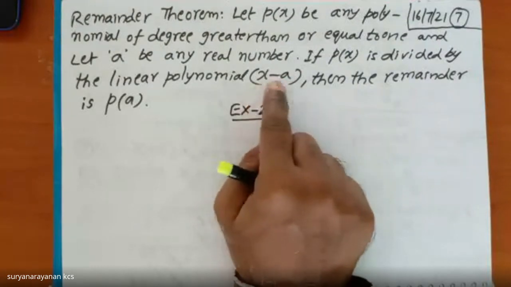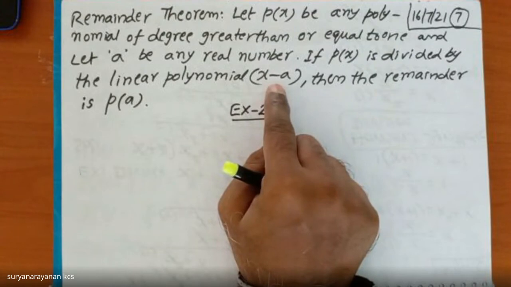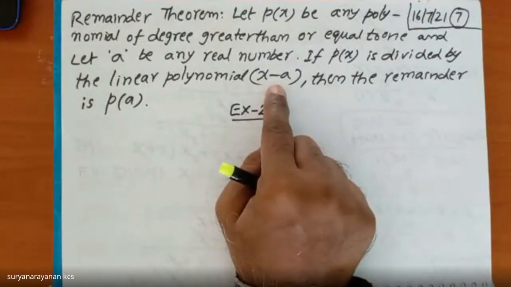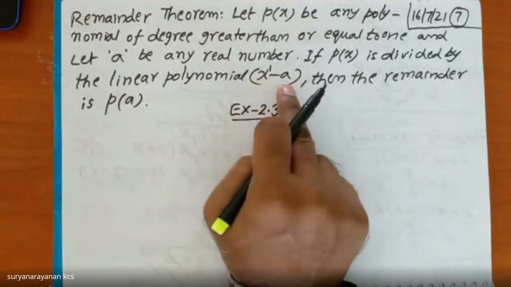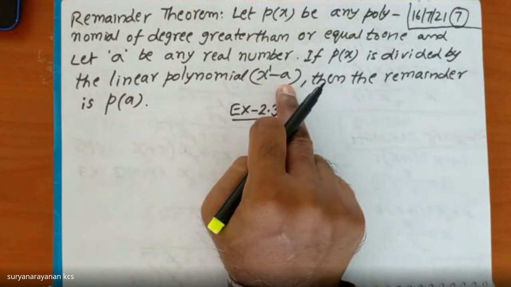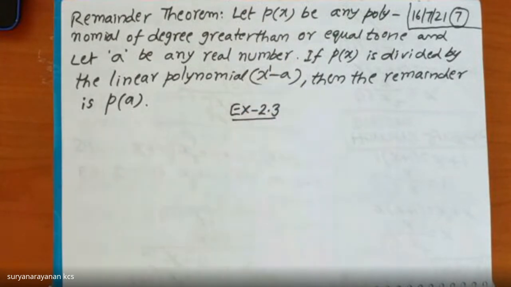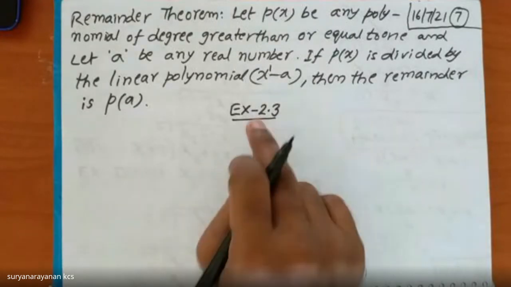Only two terms are there, so it is a linear polynomial. What is the degree of this polynomial? One, the highest exponent of x in this polynomial is 1.